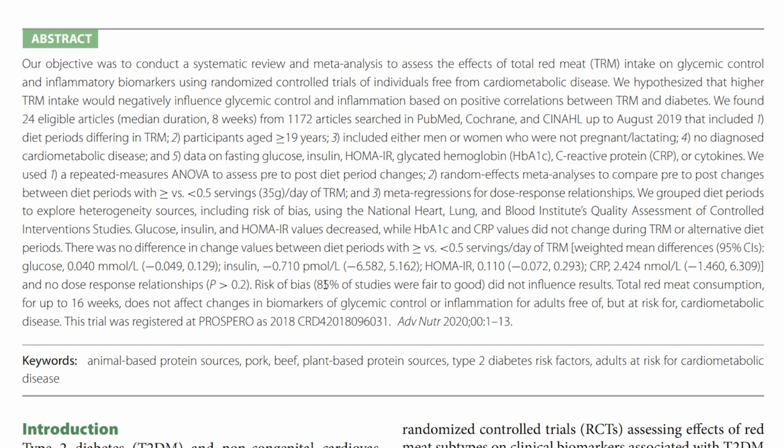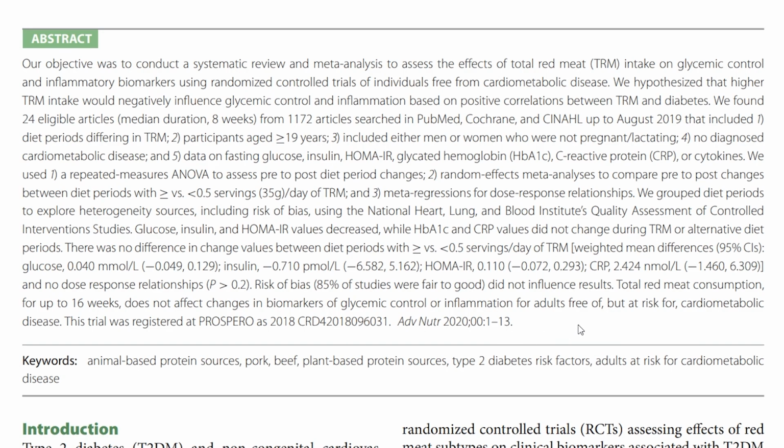Risk of bias, 85% of studies were rated as fair to good, is what that means. And so these authors conclude that bias did not influence these results. Okay. Total red meat consumption for up to 16 weeks does not affect changes in biomarkers of glycemic control or inflammation for adults free of, but at risk for, cardiometabolic disease.